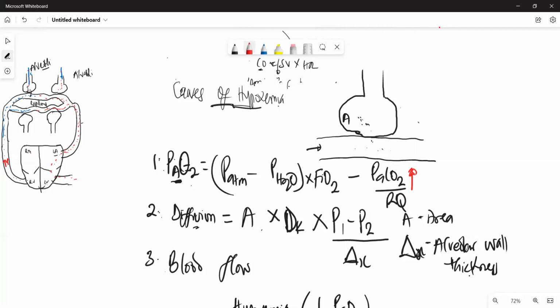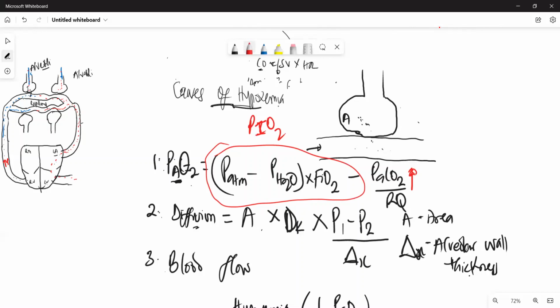And the second one is a decrease in the partial pressure of inspired oxygen. If you remember, this equation right here is our partial pressure of inspired oxygen. And like I said, make sure you watch the previous video so you understand what I mean by this.